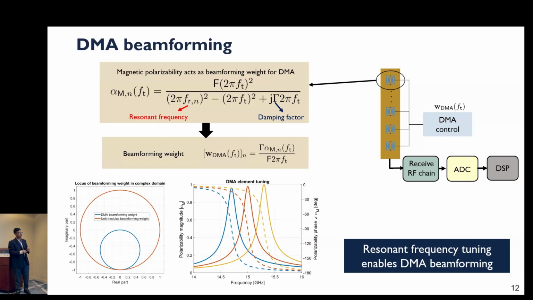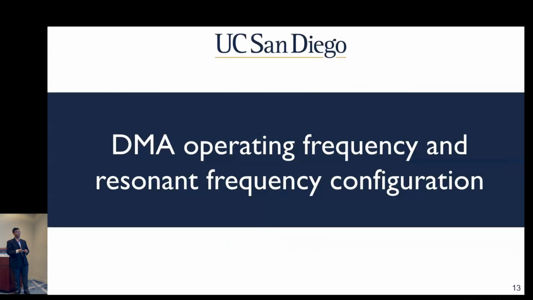That's the key challenge with the DMA, because it's a non-trivial problem to optimize a DMA because of this coupled magnitude-phase constraint, which can also be observed in this magnitude and phase plot. As we said, the magnitude and phase curve shift depending on the resonant frequency. I will discuss how to configure the DMA operating frequency and resonant frequency to obtain a good SINR for the receiver.